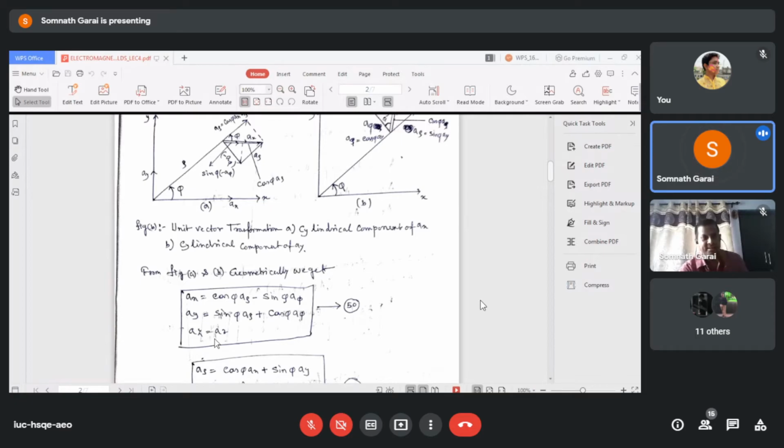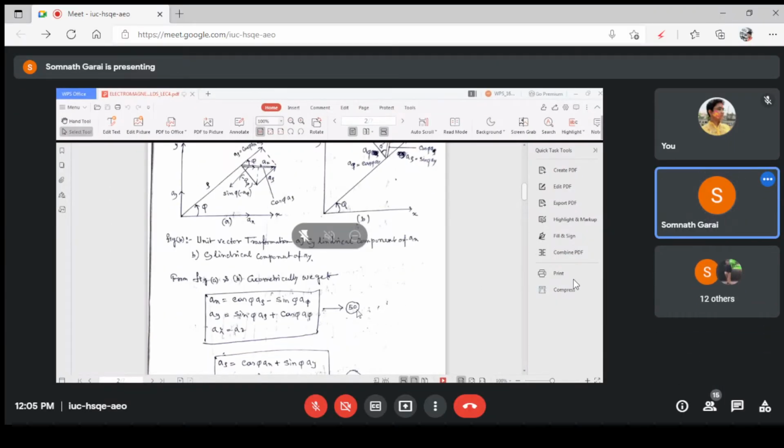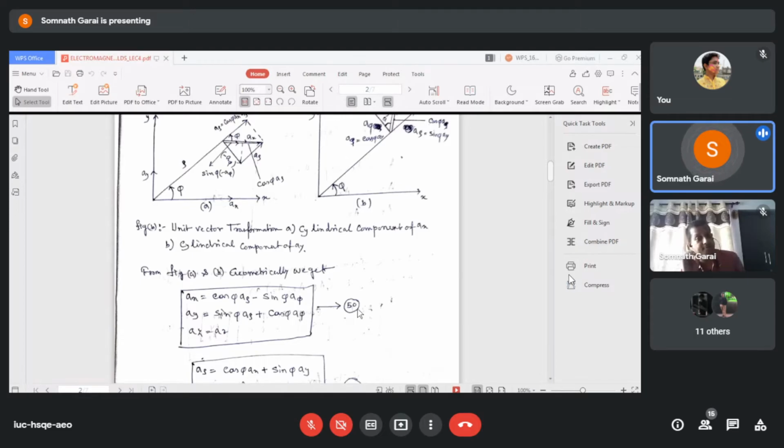That's why az is equal to az, right? So this equation number 50 is a very important formula. Okay, very important formula. ax is equal to cos phi a rho minus sin phi a phi, and ay is equal to sin phi a rho plus cos phi a phi, and az is equal to az, right?